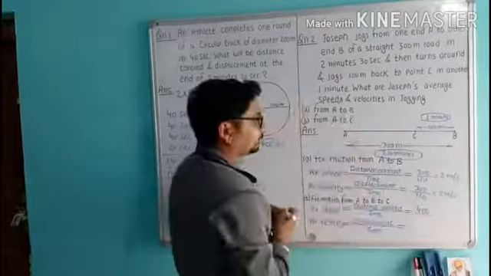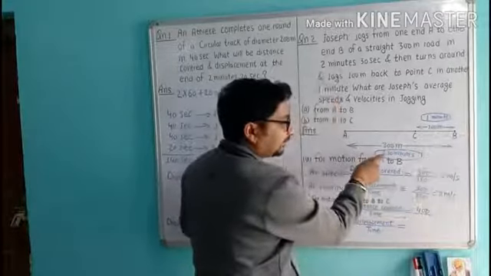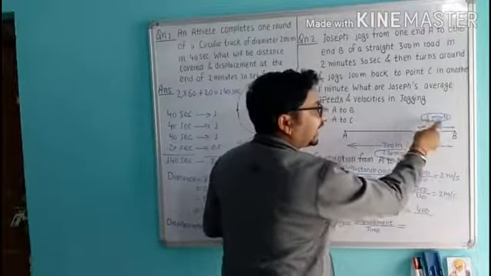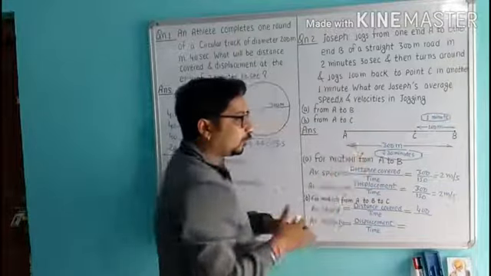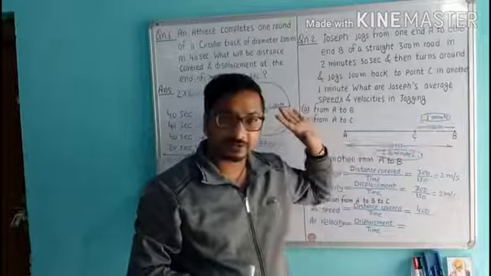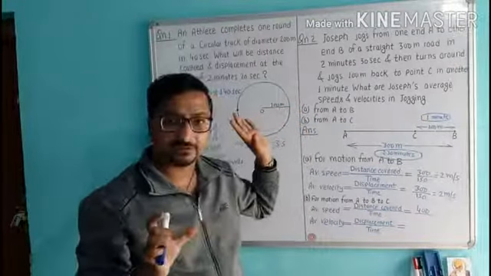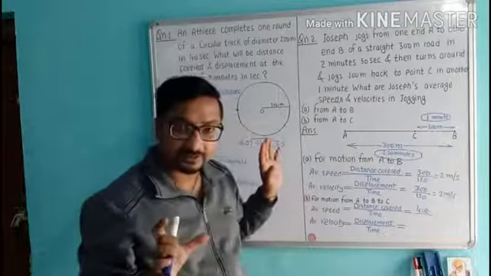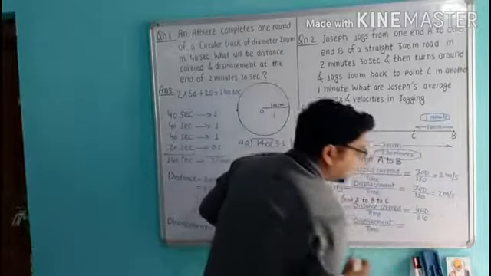And time taken. For motion from A to B, Joseph takes 2 minutes 30 seconds, and from B to C it takes 1 minute. That means total time will be 2 minutes 30 seconds plus 1 minute, that means 3 minutes 30 seconds. 3 minutes 30 seconds means 3 into 60 plus 30, that means 210 seconds.